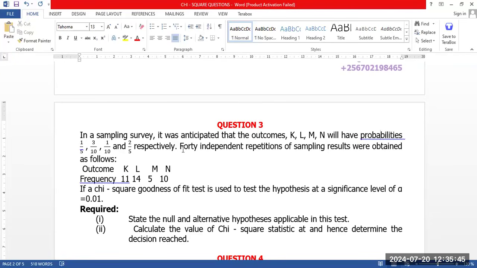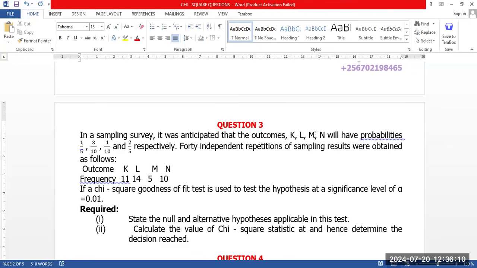And remember that these probabilities can change. We all know that probability, you may anticipate that my probability for K will be 1 out of 5, my probability of L will be 3 out of 10.